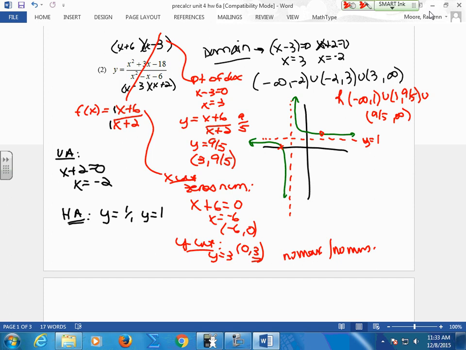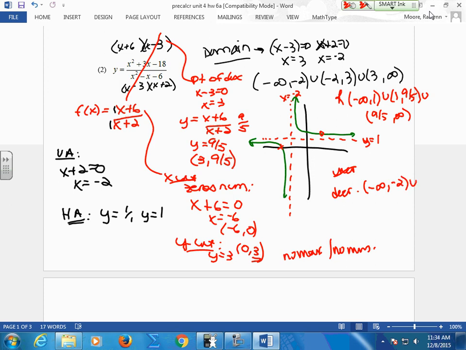Okay? And all you have left is your increasing, decreasing, and your concavities. So let's do increasing, decreasing. Do we have any increasing sections of this? Is y increasing at all? No. Decreasing from negative infinity to where? To negative 2.